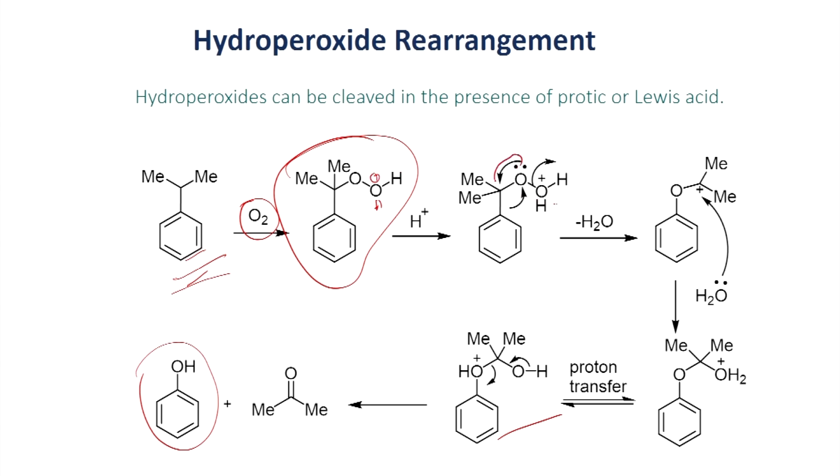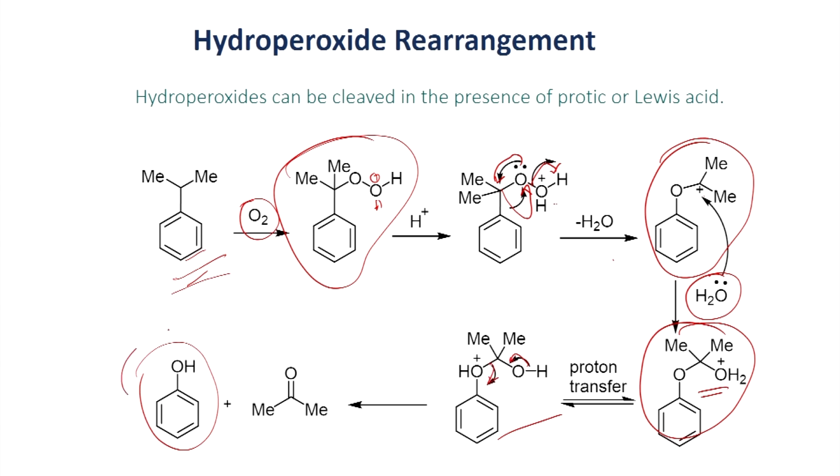Now this can undergo migration, and it can lose a water molecule. You will form this carbocation intermediate, which can react with water. You will form the addition product, and by proton transfer you will be able to cleave this bond. As you can see here, protonation and cleavage of this can lead to the formation of phenol and acetone as products.